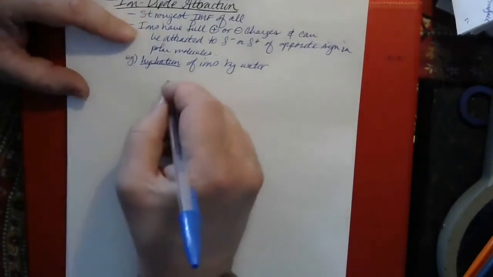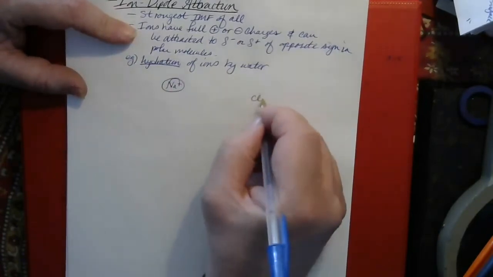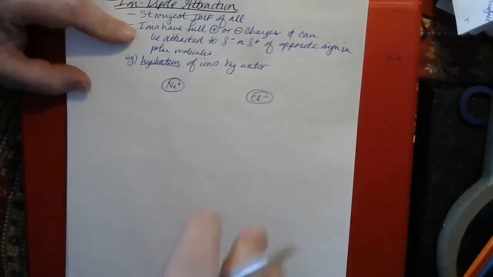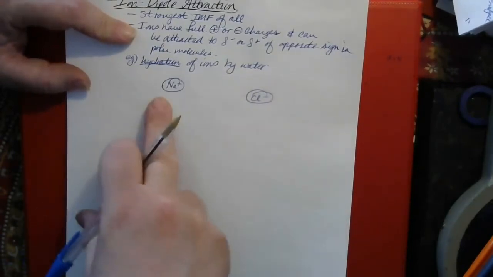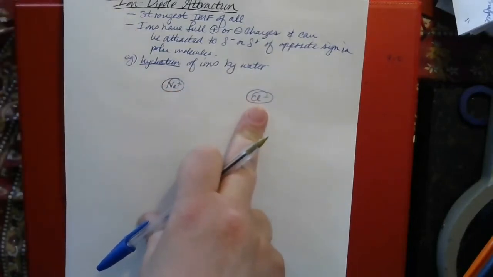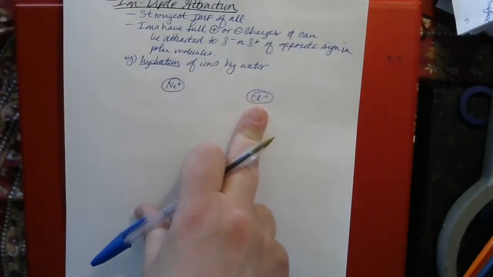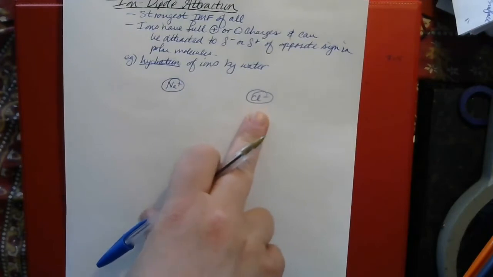So for example, for sodium chloride, you'll have an Na plus ion and a Cl minus ion. And in order to get them to dissolve in water, you first of all, of course, have to overcome the attraction between the Na plus and the Cl minus. And you have to overcome the attraction between the H2O molecules, their attractions for each other.